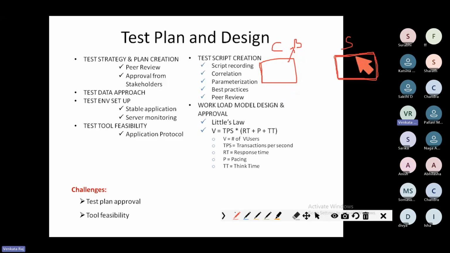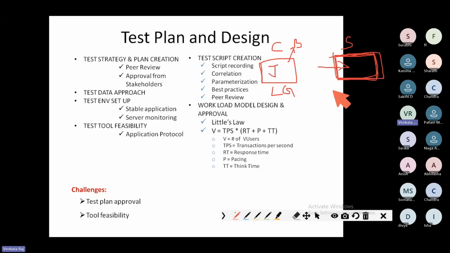Your application is hosted here. You have to test this server. This is my load generator machine. Instead of a browser, I'll use JMeter. Whatever load generator they give me, I'll test from that load generator. If I go and test in Windows, Linux and so on, is the performance going to change? Because my server is the same, right?